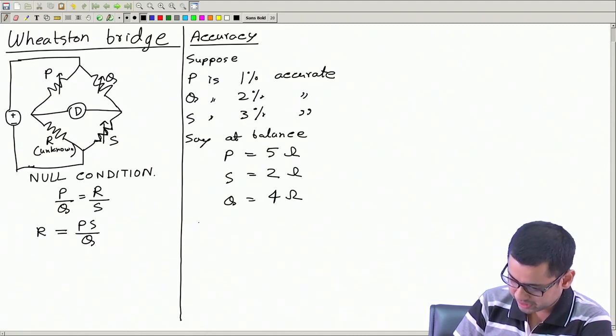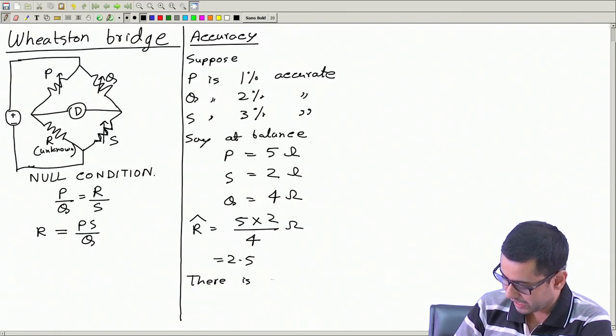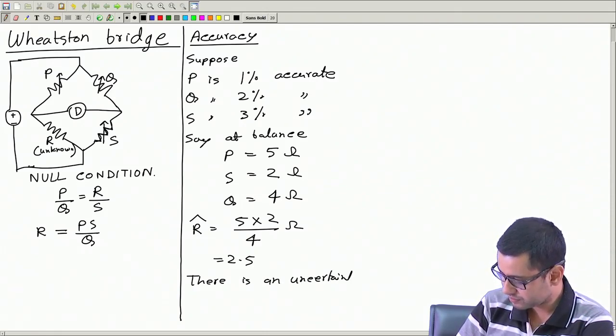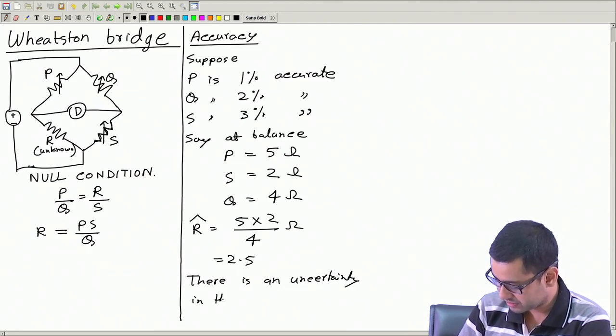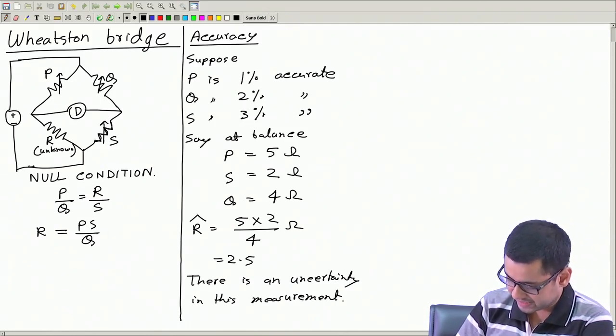This means R is equal to 5 into 2 by 4. So, this is the estimated value of R, which will be 2.5, but there is an uncertainty in this measurement, because the values of P, S and Q are not accurate.